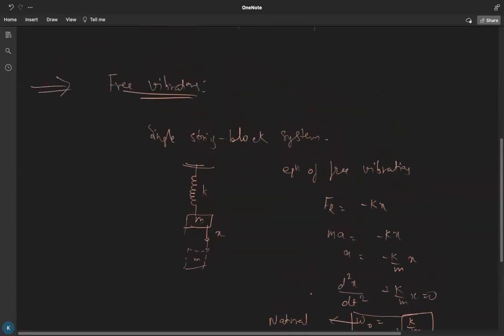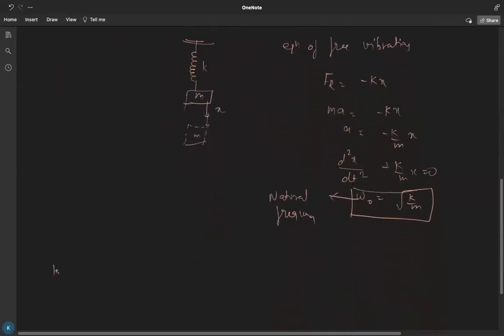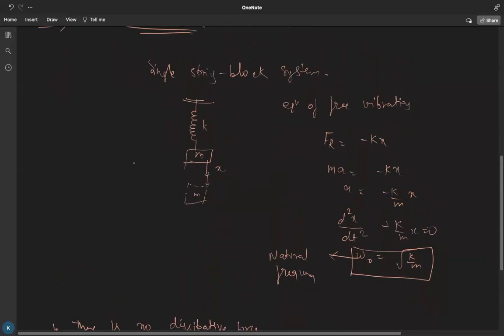So in free vibration, in which I'm taking the example of a single spring block system, two things are happening. First, there is no dissipative force. Let me explain what this sentence actually means. There is no dissipative force. That means there is no external force acting on the system which affects the motion of the block of mass m. I hope you all understand what I'm trying to say.